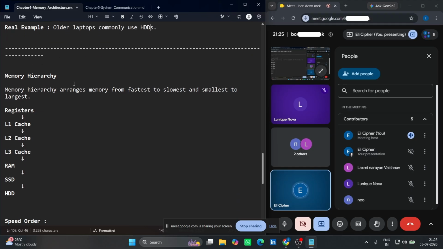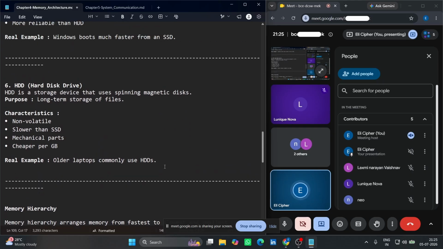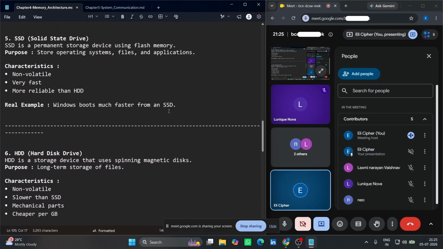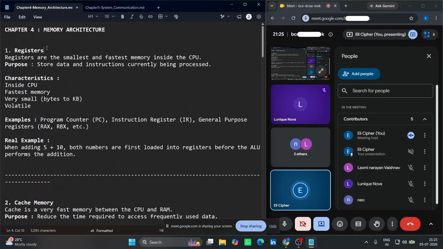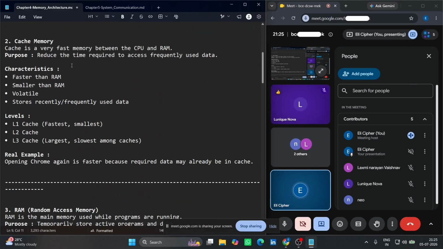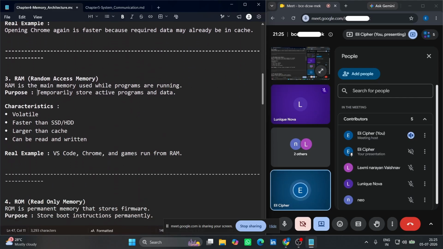Okay. Now we are moving to the next topic, which is memory hierarchy. Did everyone understand till here? We have studied 6 kinds of drives, right? Each has different purposes. First is register, which stores instructions and data currently being processed. Cache memory reduces the time required to access frequently used data, and RAM stores active programs and data.